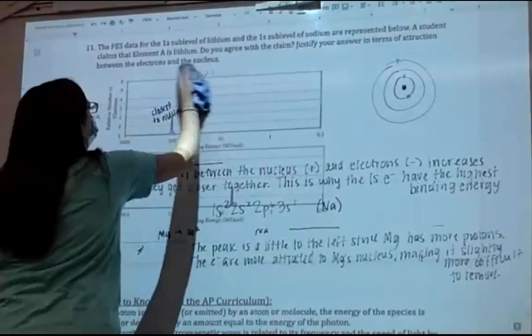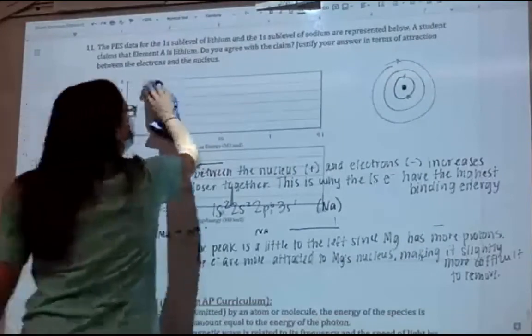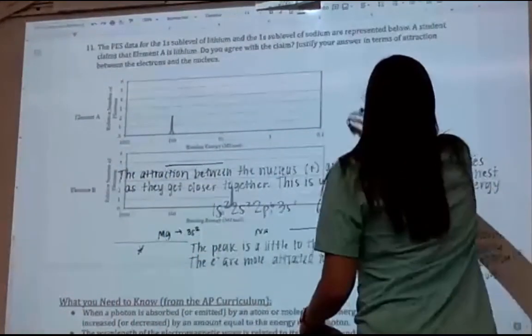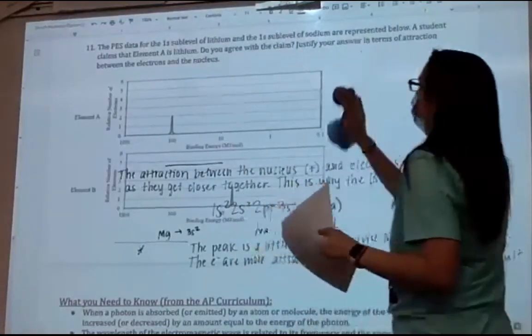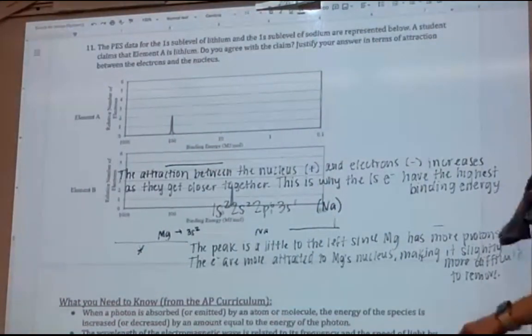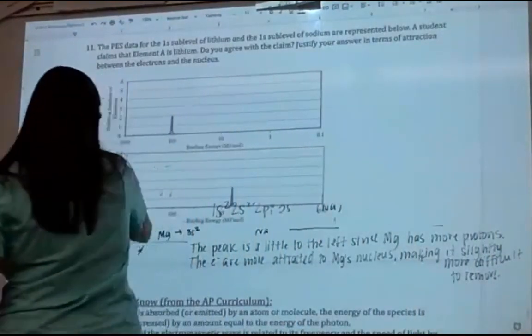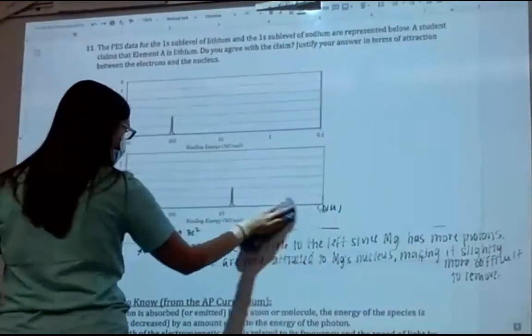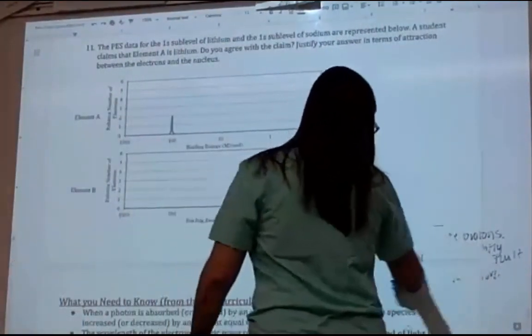Number 11 says the PES data for the 1s sublevel of lithium and the 1s sublevel for sodium. So before I even continue reading this question, I want you to look at your periodic table, and above lithium, write the atomic number of lithium, and above sodium, write the atomic number of sodium, because that's the number of protons that are in their nuclei.